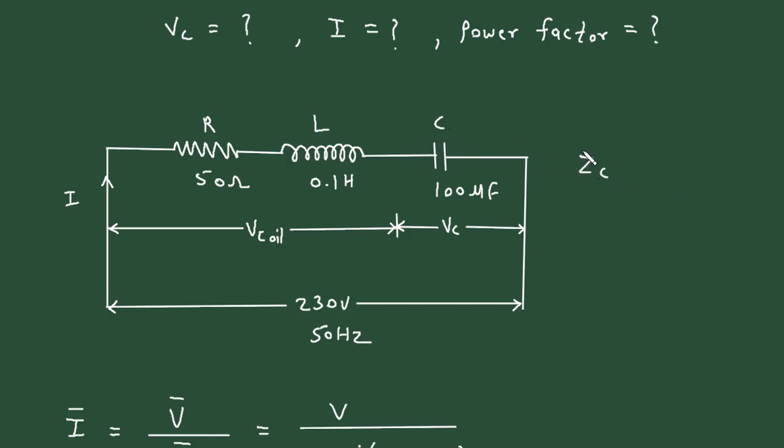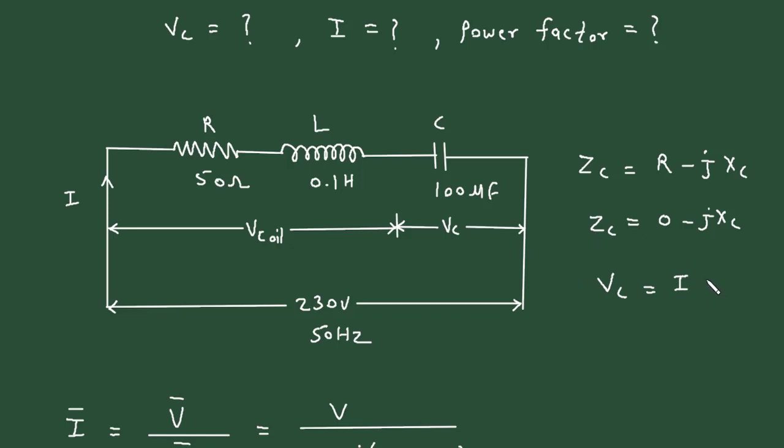So this capacitance will be R minus jXC. Now here the value of resistance is 0. So this will be 0 minus jXC. So this will be ZC. And VC is equal to current I multiplied by ZC.